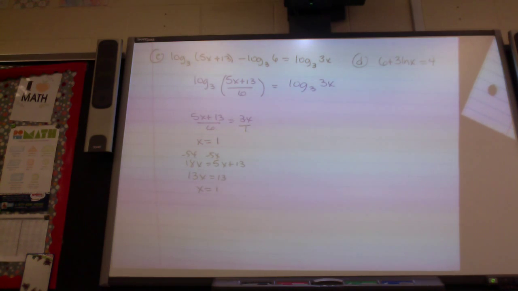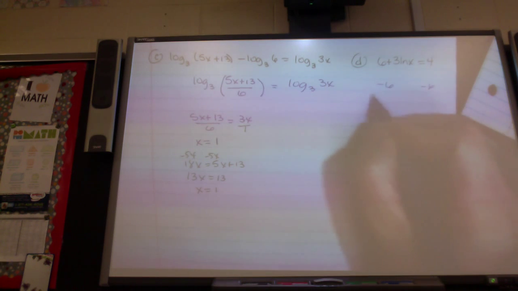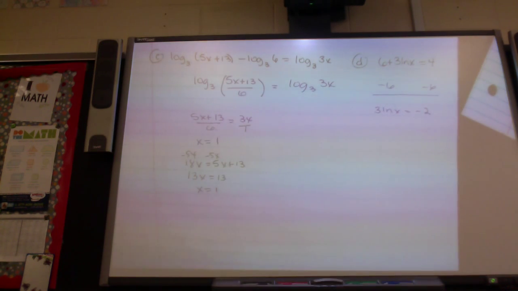We want to solve for x. Subtract 6 from this. Then what?